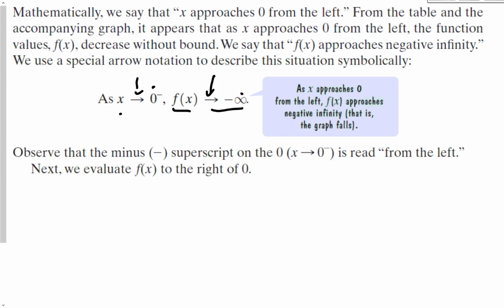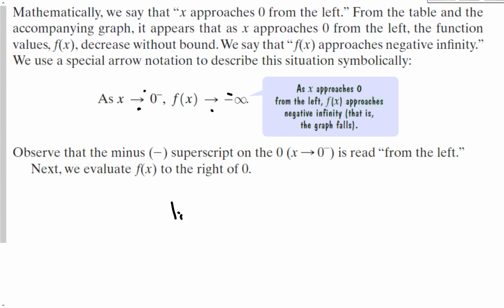Another way to think about this as this is arrow notation. So this arrow notation, we can smush it kind of together, and what we get is something called limit notation. So all the limit is what's happening as you get closer and closer to a number. Well, as x gets closer and closer to 0 from the left, the function equals negative infinity. And that's all the limit is.